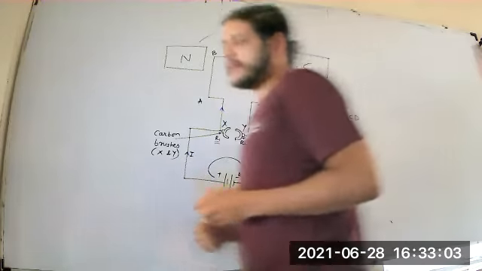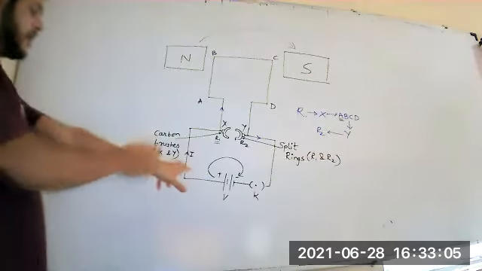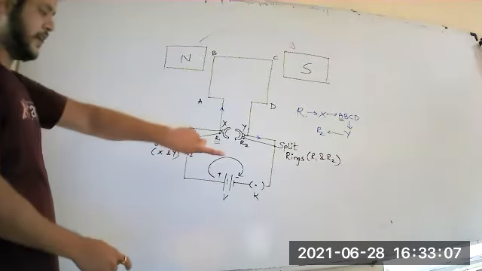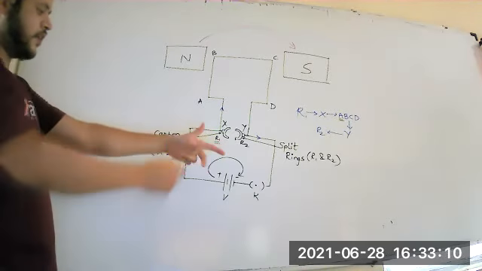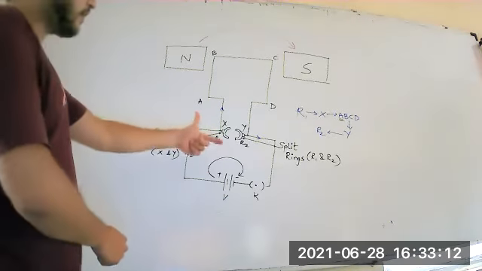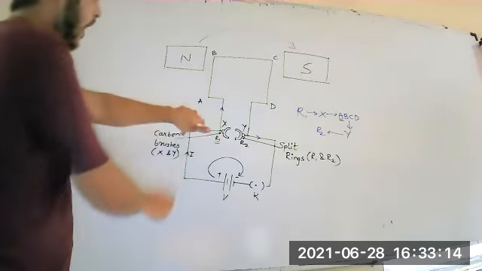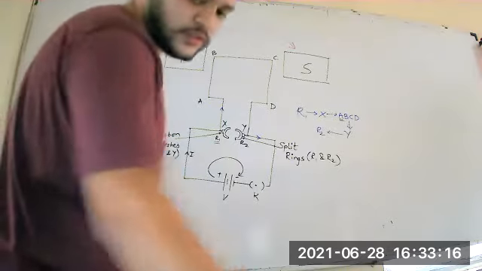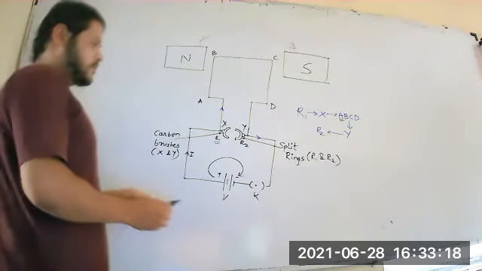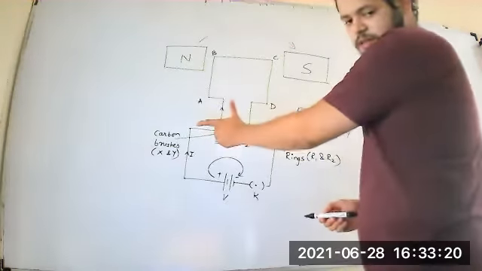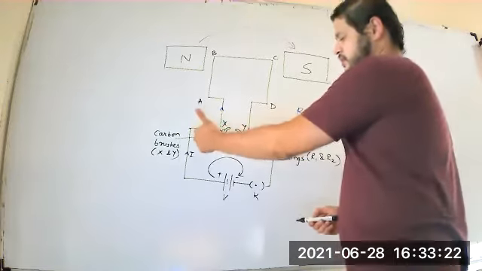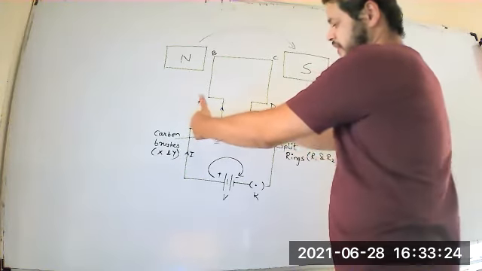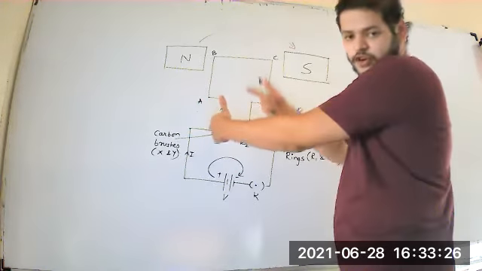If I apply the left hand rule, we observe that the force is going upwards. If you hold your hand like this, this is the direction of current, field and force.